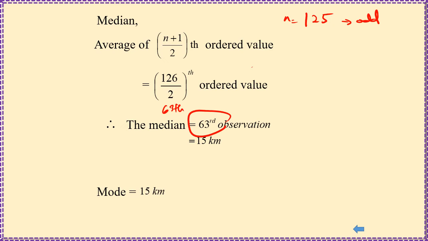So how about the mode? We just have to look at which value of x has the most frequency. If we look at the table, we will have 15 kilometers as the result. So this is how we find these for a frequency table for ungrouped data. Now we skip to question F because we need to use the values of mean, median, and mode to comment on the skewness.